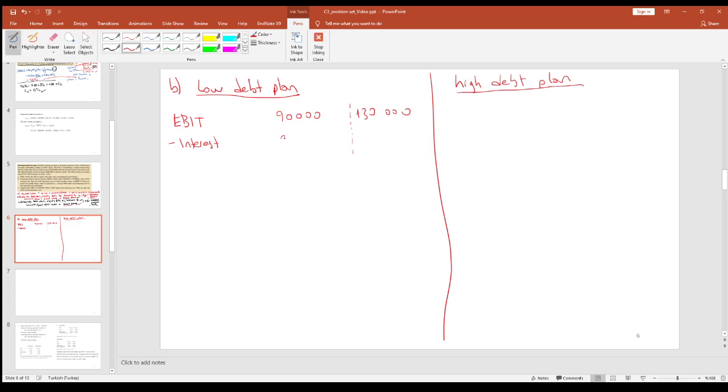So this will be $20,000 in both cases, because in low debt plan you get a loan of $200,000. So the result of this, there are no taxes, remember, and the result will be earnings here. You are going to have $70,000, and here you are going to have $110,000.